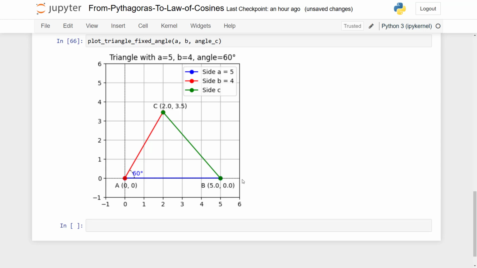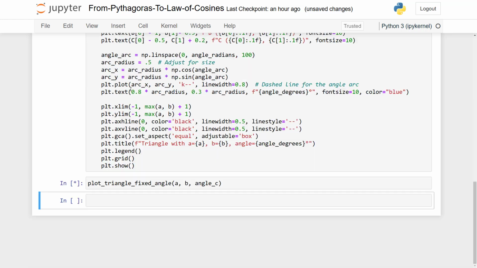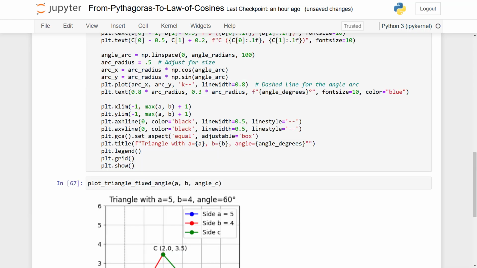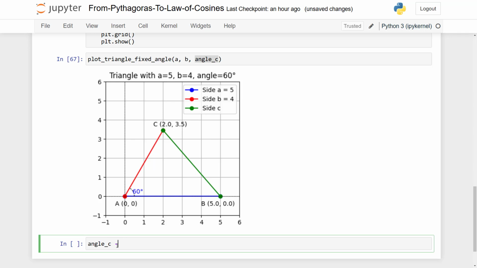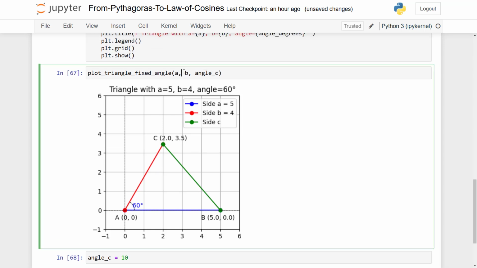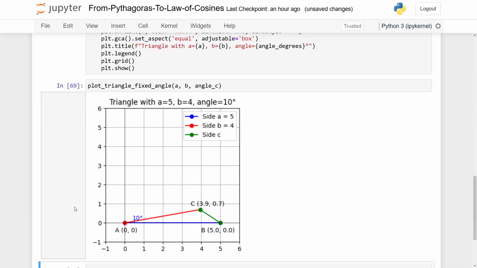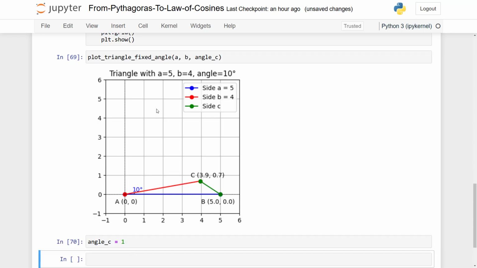So far so good. And then at the end we also managed to get the next one. Yeah, so what should we think now? What we can do is fix a and b a bit. We can use the angle to be, let's say, 10 degrees. Yeah, and now this is how the whole thing would look like. It's a really tiny angle. Sizes are the same, but everything is okay. We can even make it 1 degree, then it should be almost a line.